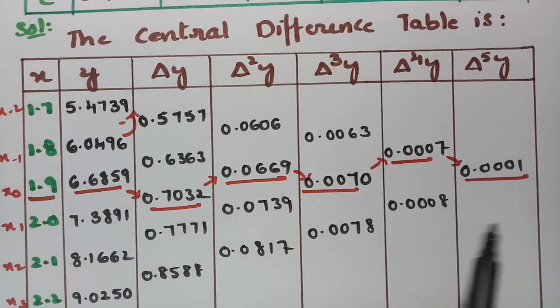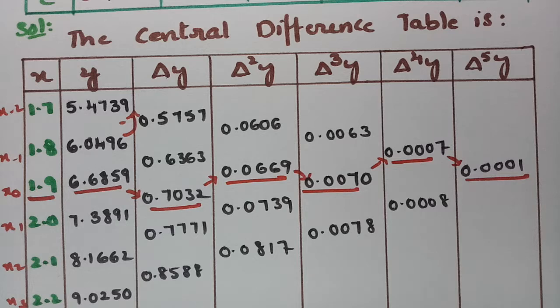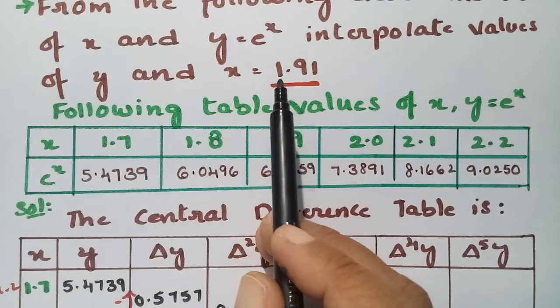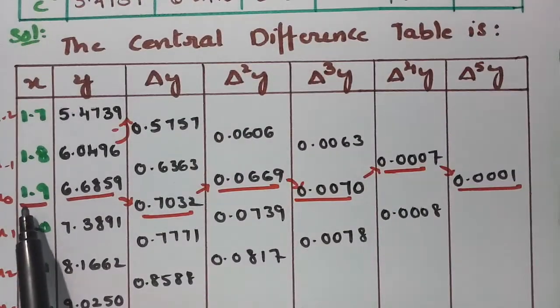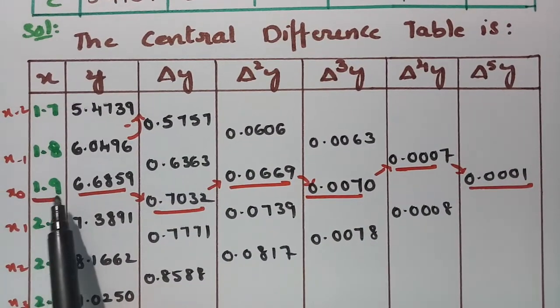These are all the values which I calculated using a calculator, and it is an easy process. If you don't know, look at my previous video, and it will be very clear. After filling this central difference table, what value is needed? That is 1.91, and the nearest value is 1.9.